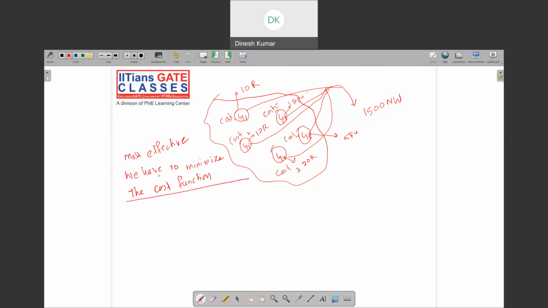So which generator should produce how much power? In the practical scenario, there is something known as a load dispatch center. Every place has a load dispatch center. It decides which generator has to run at what level. Every generator has some cost, so it runs a computer program such that the result says this generator has to give this much load, this generator has to give this much load, like that.